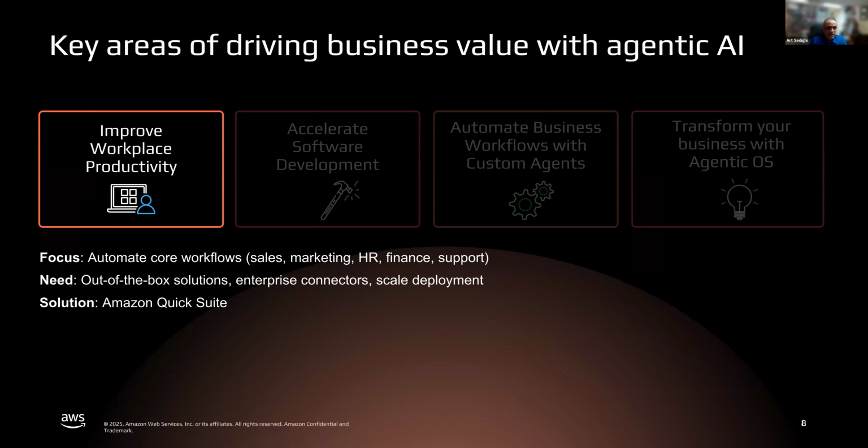The easiest one to talk about is workplace productivity, which we believe is the most accessible entry point for any organization. The focus is automating core workflows. This could be across many departments, as we've seen: sales, marketing, HR, finance. We're seeing quite a lot of movement in the customer support space.